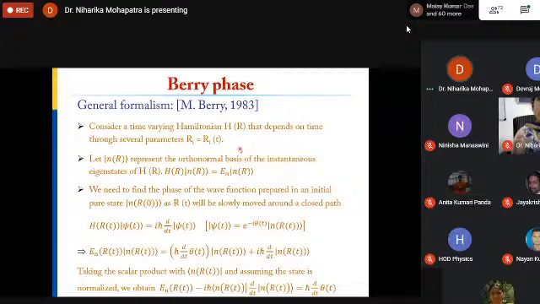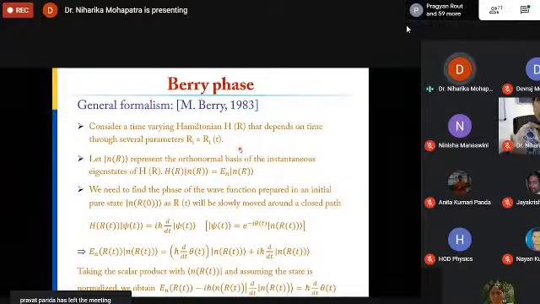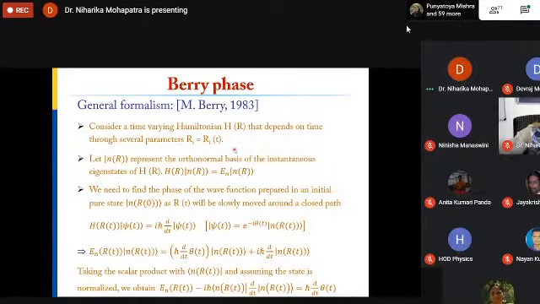And if we say that in the adiabatic limit these parameters vary very slowly with time, then the adiabatic theorem tells you that the instantaneous eigenstates will remain as the eigenstates of the Hamiltonian, even if there is a small evolution of the Hamiltonian with respect to time, because R is varying very slowly.